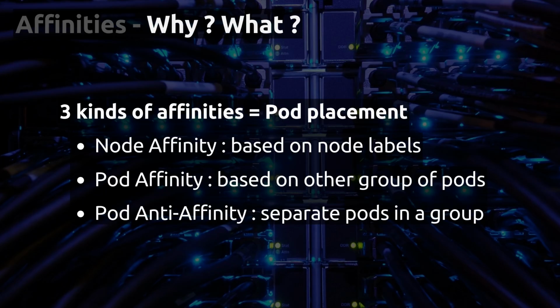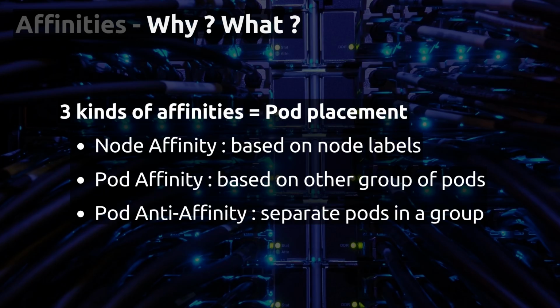Or we can have pod affinity. Pod affinity is just to say: I have pod A and pod B, and I want pod B deployed close to pod A. This is the pod affinity. Or we have the pod anti-affinity. The purpose is to separate pods in a group.